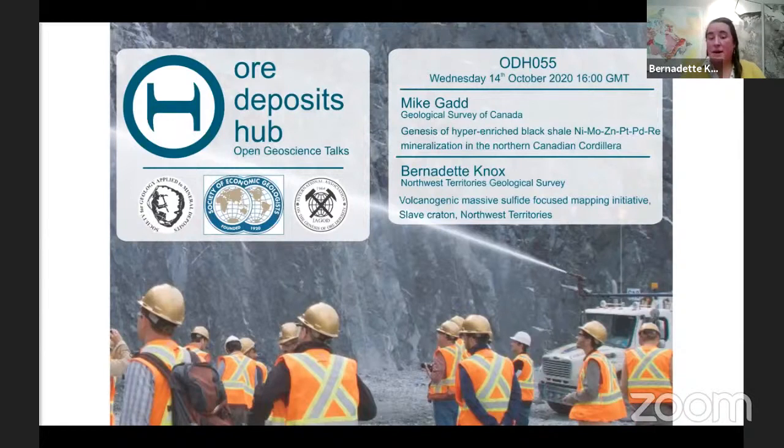We've also seen sulfide mineralization in quartzites. So it's probably all remobilized using younger faults and fracture networks. Okay, thank you.